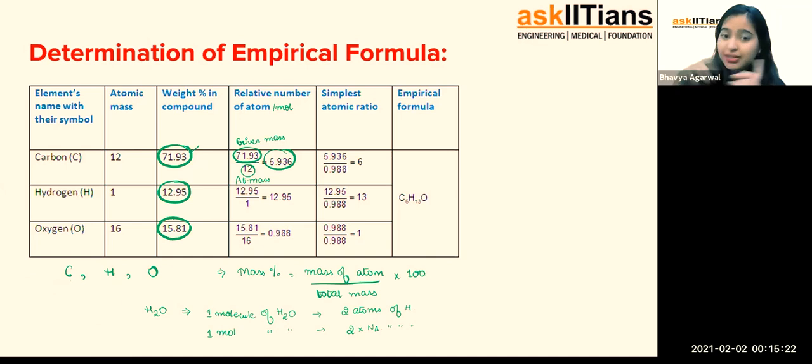Because 1 mole means Avogadro number of molecules, and 1 molecule has 2 atoms. So Avogadro number of molecules will have 2 into Avogadro number of atoms. Right? So from here, can I say that if I have 1 mole of a compound, it will have 5.9 moles of the atom, or 5.9 into Avogadro number of atoms, right? Same way for hydrogen, same way for oxygen.